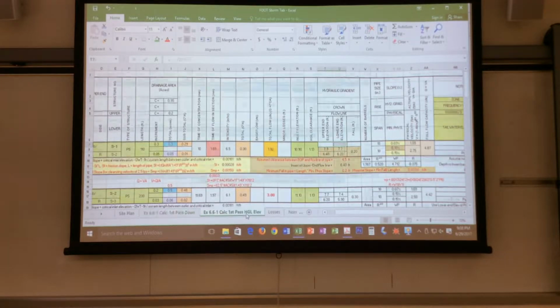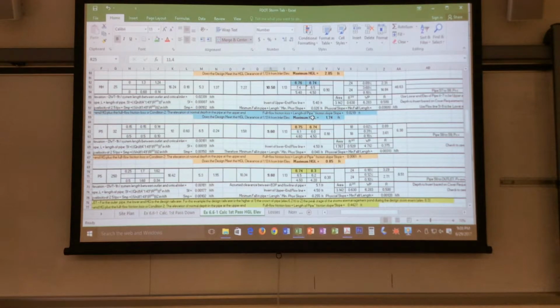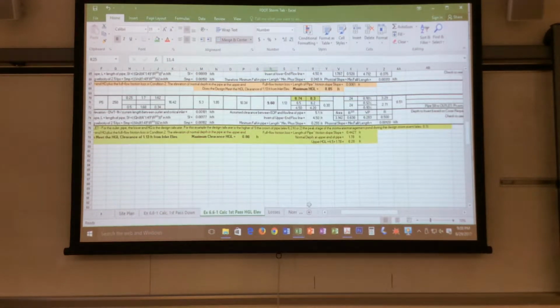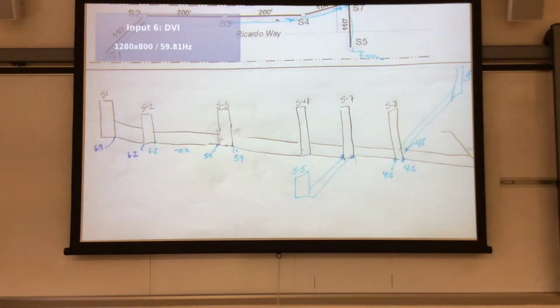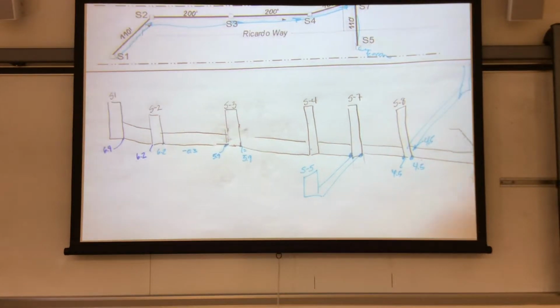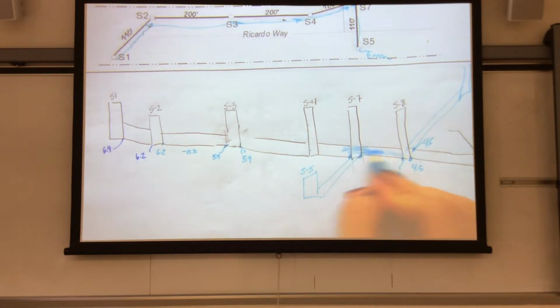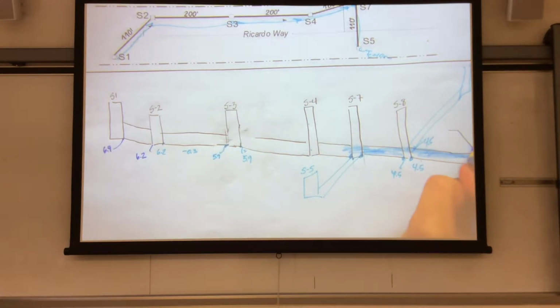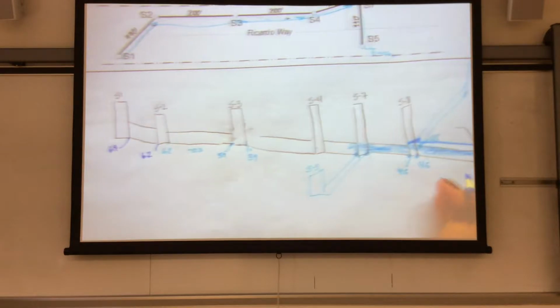Now, I've created a second spreadsheet, so I've taken all the other colors out, so now we're just focusing on the hydraulic grade line. The hydraulic grade line is basically when water starts to fill up into the pipe. It'll start to fill up from the pond, and anything at that elevation is already basically full. So if I projected this out, it automatically fills up to here.